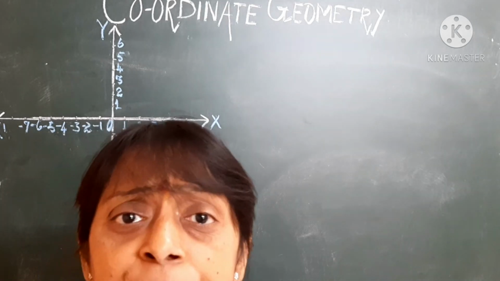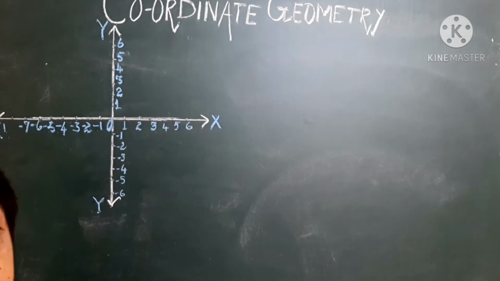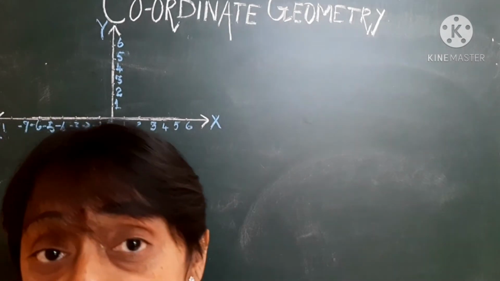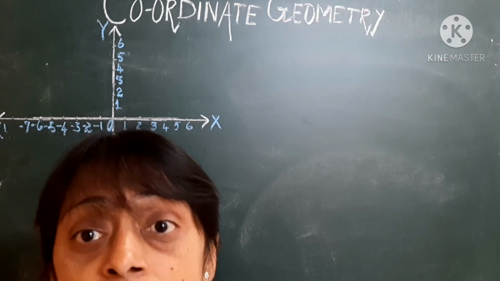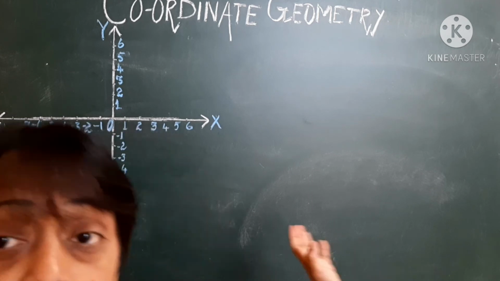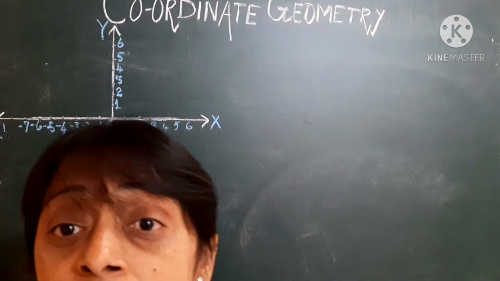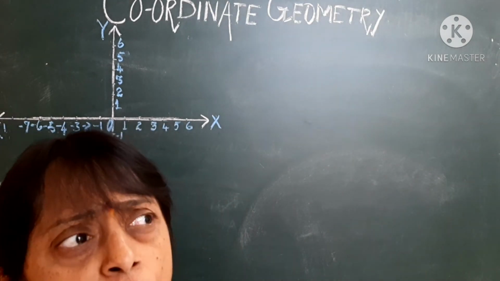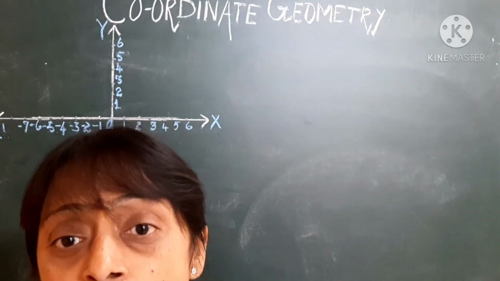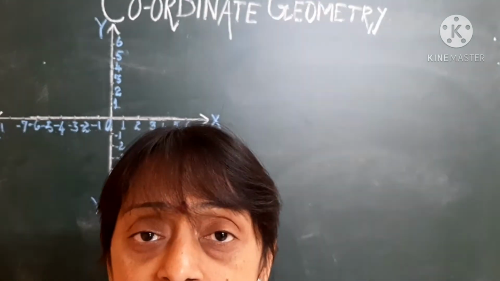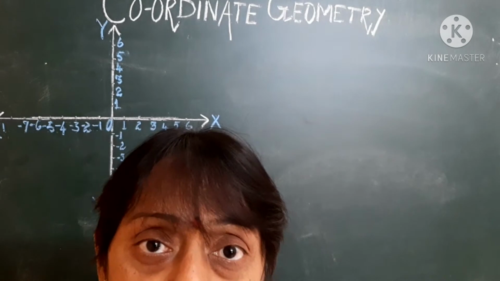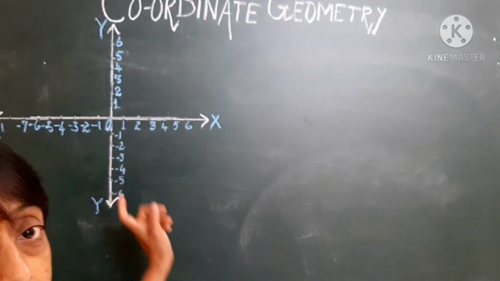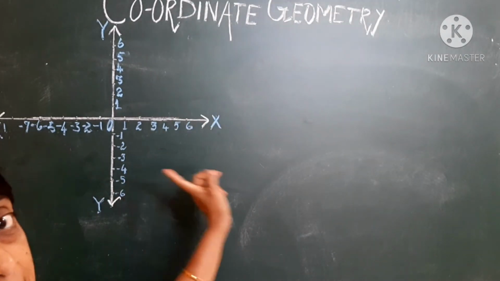We know there are different coordinate systems. Which are they which we have studied of? A few to name is number line, Cartesian coordinate, polar coordinate system, cylindrical or spherical coordinate system, homogeneous coordinate system and so on. But today we will deal with the Cartesian plane, that is the coordinate system.